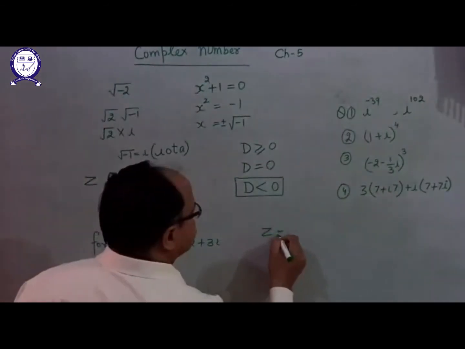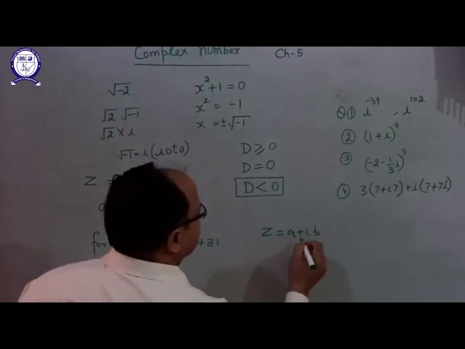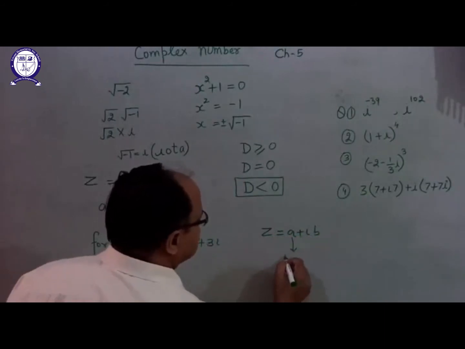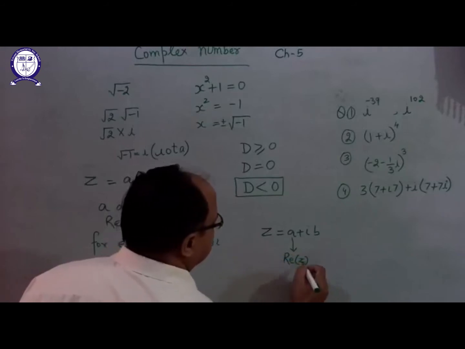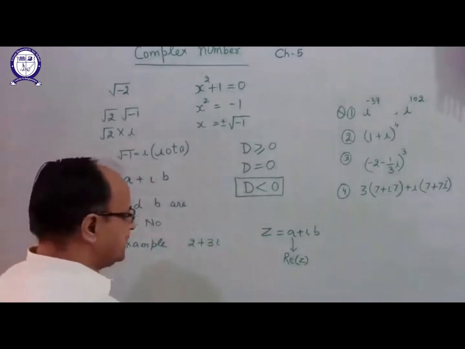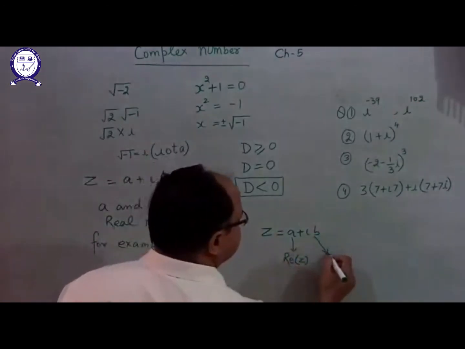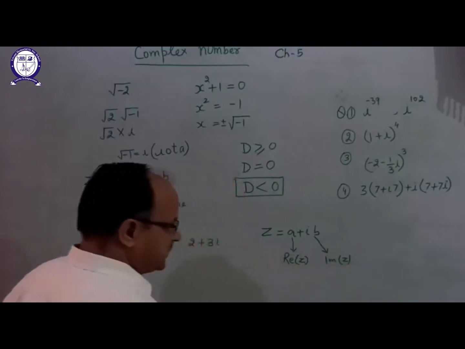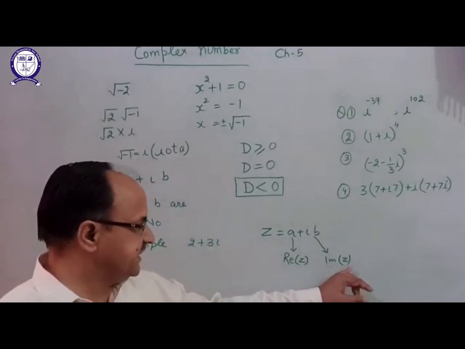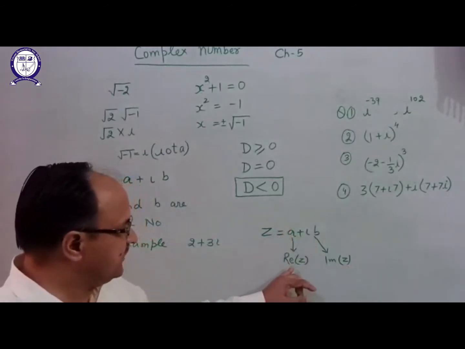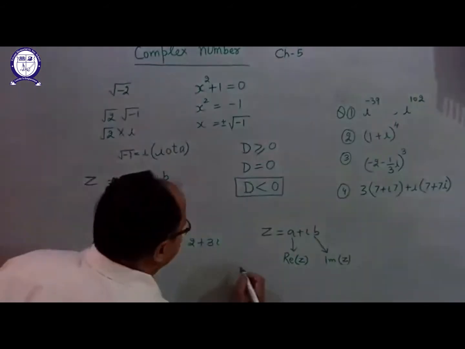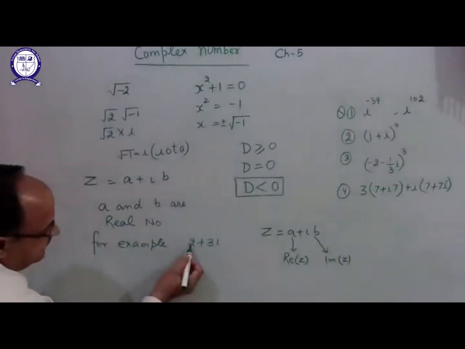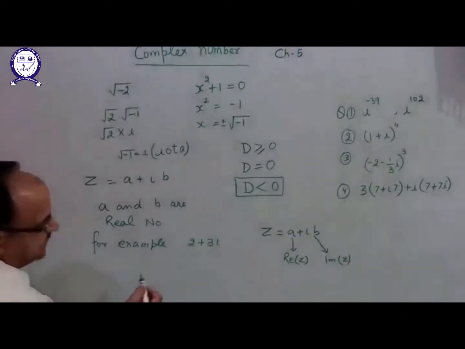And you know that z is equal to a plus iota b. Here a is the real part, you can write Re of z, and b is called the imaginary part, in short you can write Im z. In 2 plus 3 iota, 2 is the real part and 3 is the imaginary part.